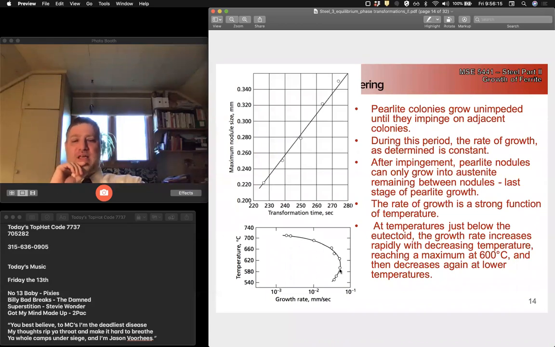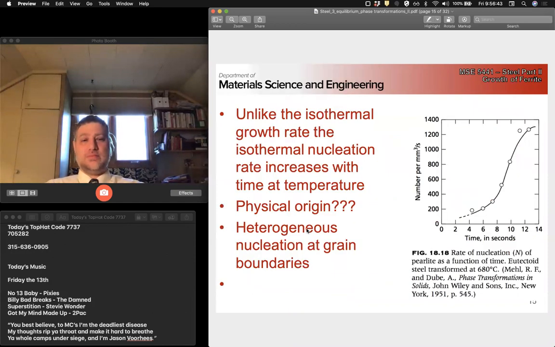So our growth here looks very similar to our nucleation rate curves, right? And we'll talk about this a bit more on Monday, right? So the size of the structure is going to be determined by this balance between nucleation rate and growth rate. Okay.